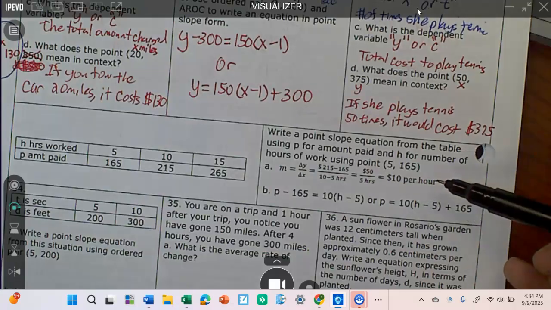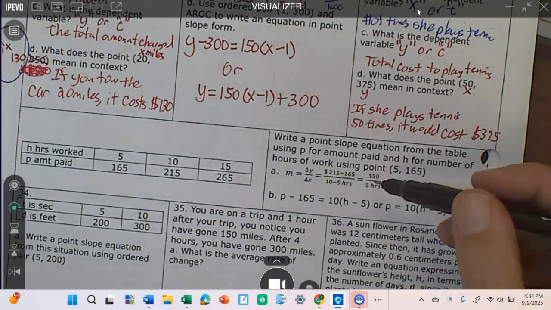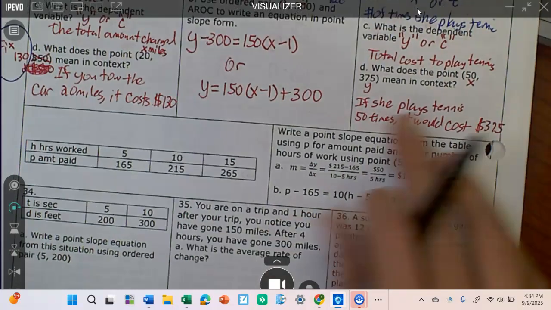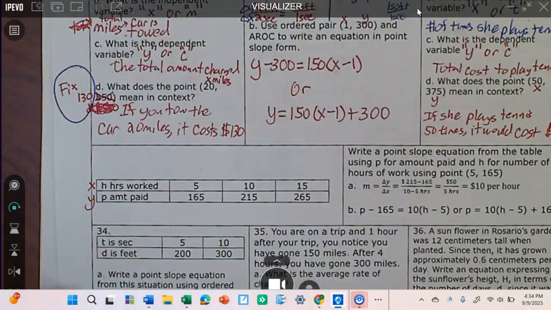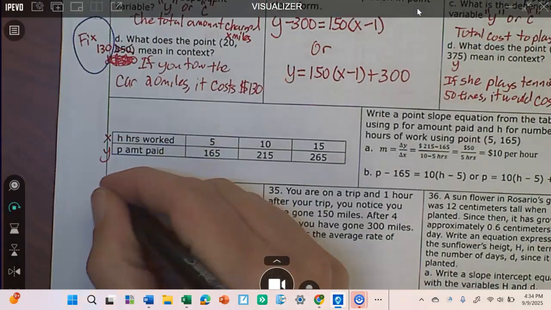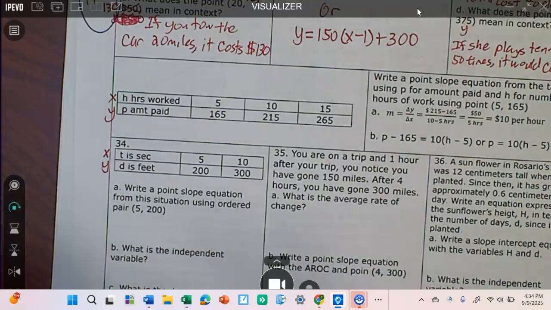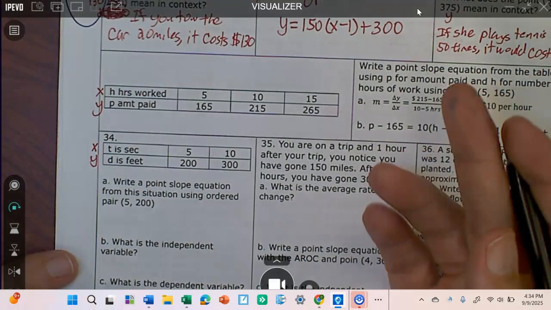So you can see I did change in Y over change in X, and I got $10 per hour. So like this is X and this is Y really. They just use different variables. So when you try this one, this is X, this is Y. Okay. So just keep that in mind while you're doing this.